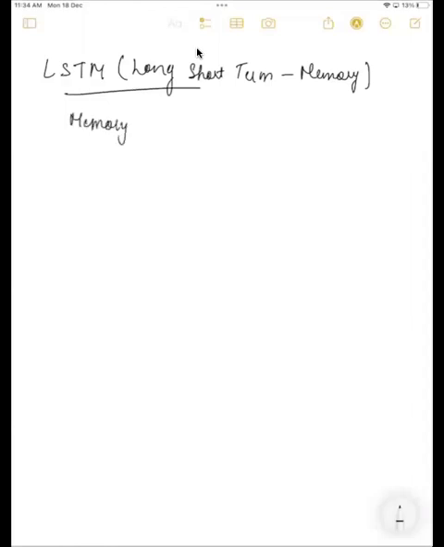For example, we have memory like a notepad. Imagine you are reading a book, and LSTM is like a notepad. You jot down the important things, ensuring you don't forget important details from that book.